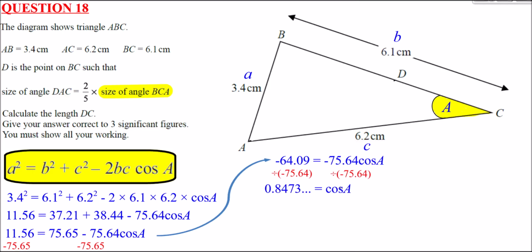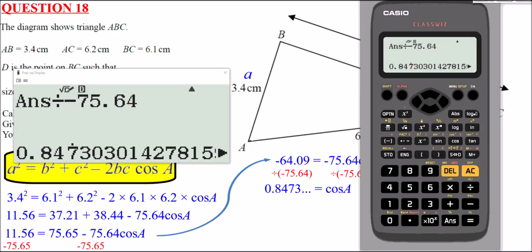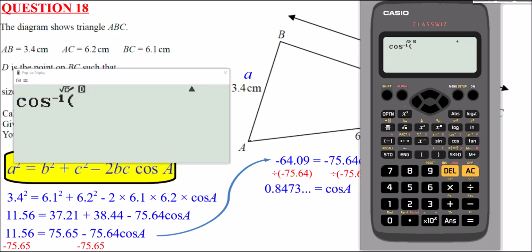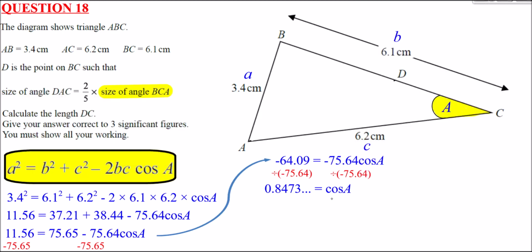To work out what the angle A is, we do inverse cos. So we do cos minus 1 of this value here to work out what A is. So shift cos minus 1 of the answer, press equals, we get 32.080. So therefore, A is about 32.0804. So we can take off the letters big A, little b, little c, and replace big A with the size of what the actual angle is.